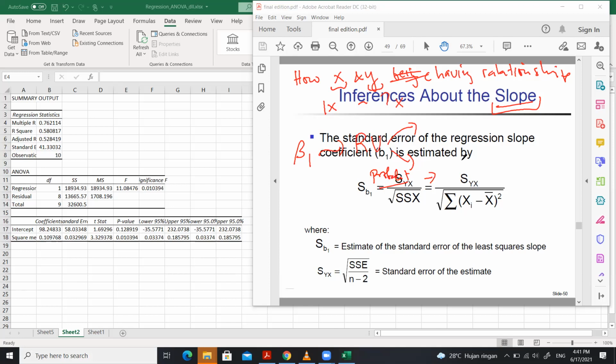How firm, seberapa meyakinkan bahwa slope ini, seberapa yakin gitu loh. Maka untuk mengetesnya, misalkan kita bisa mengetes berdasarkan significance level dengan tingkat kepercayaan 95%, atau dengan kata lain dengan tingkat error 5%. Kita punya keyakinan 95% bahwa B1 itu benar.